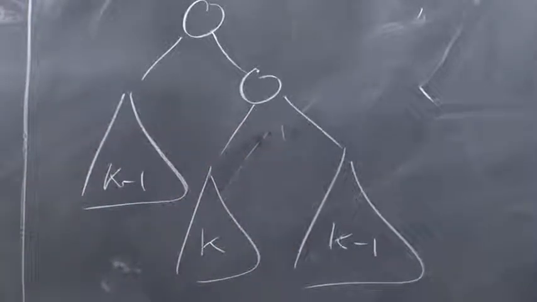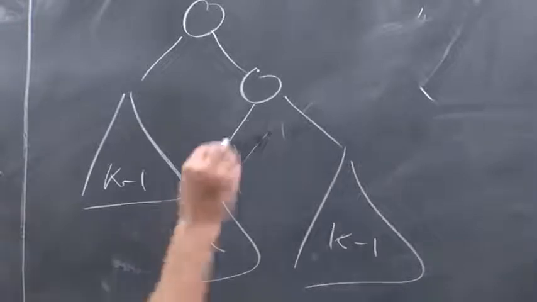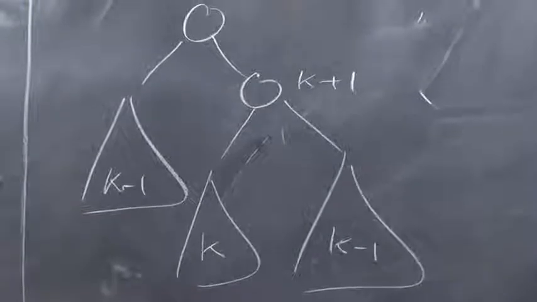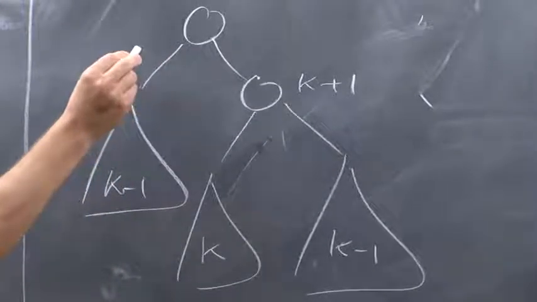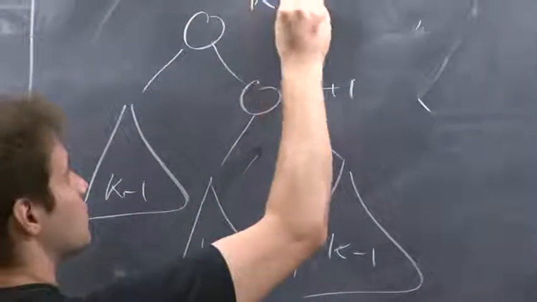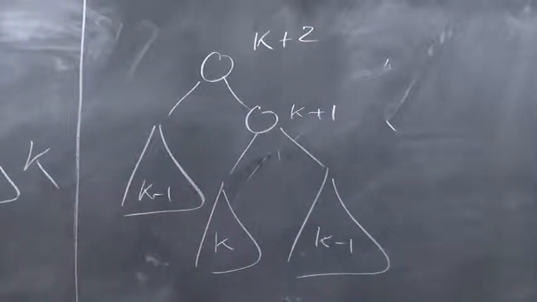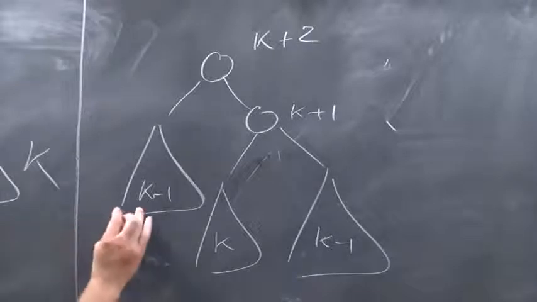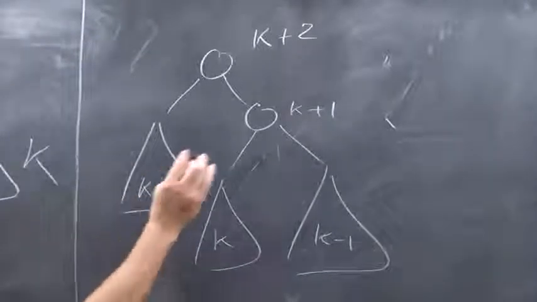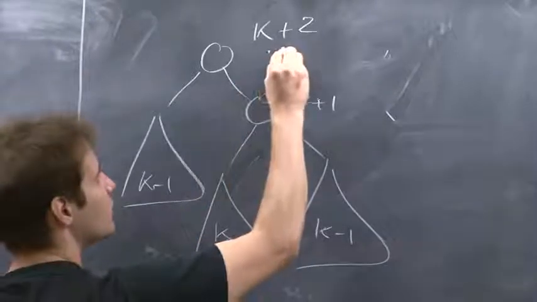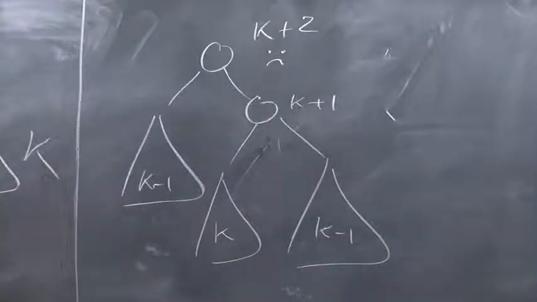K plus 1. What's the height here? Okay, AVL, not AVL. K minus 1 on the left child, K plus 1 on the right child. The difference is more than 1, not an AVL. How do we fix this?